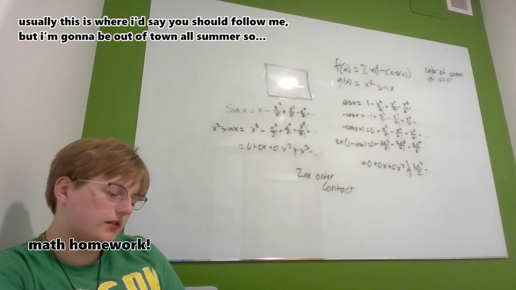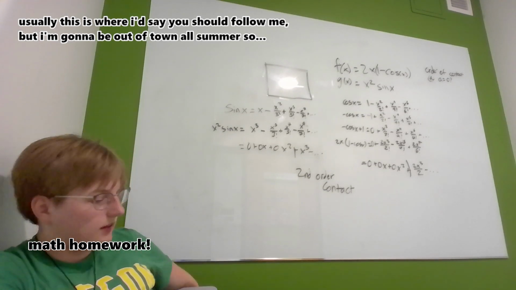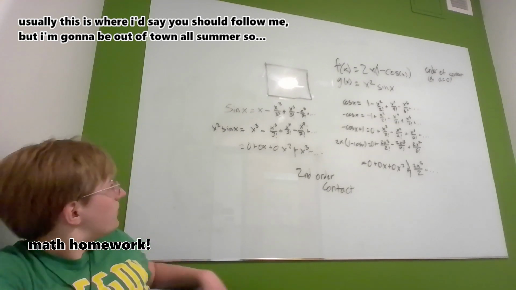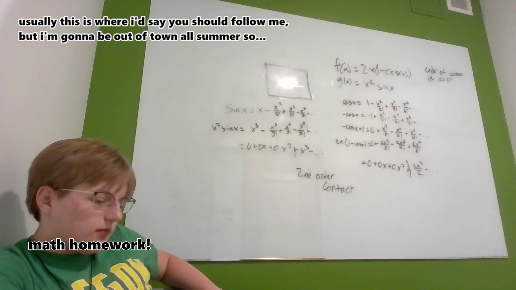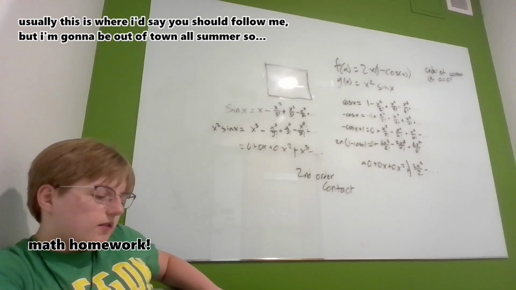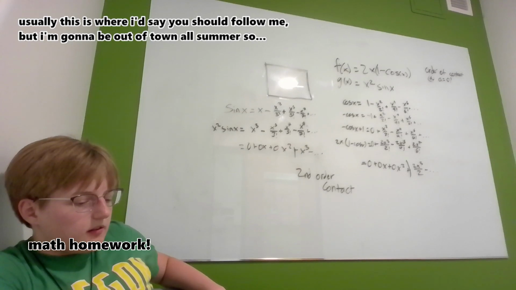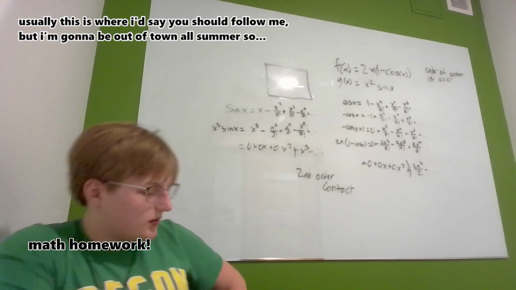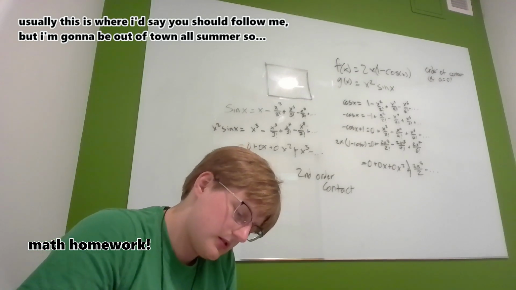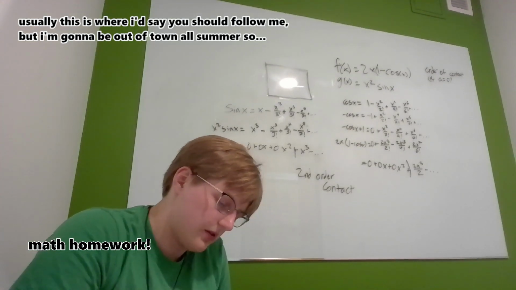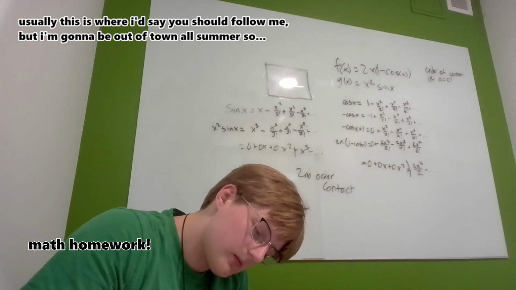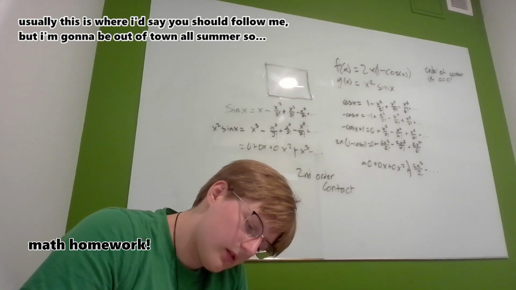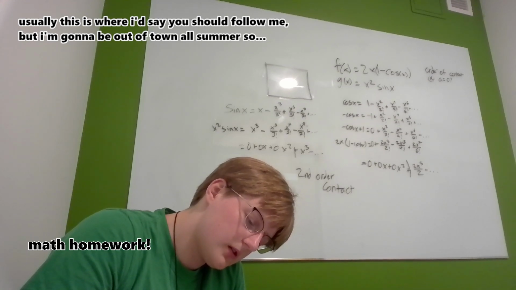So g of x equals x minus x cubed over 3 factorial plus x to the fifth over 5 factorial minus x to the seventh over 7 factorial plus dot dot dot, equals x squared sine x equals x cubed minus x to the fifth over 3, x to the seventh over 5, x to the ninth over 7 plus dot dot dot.